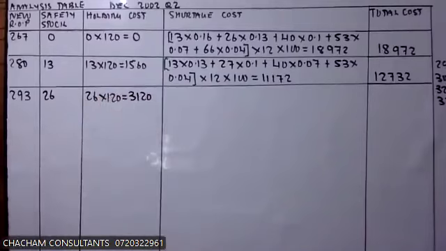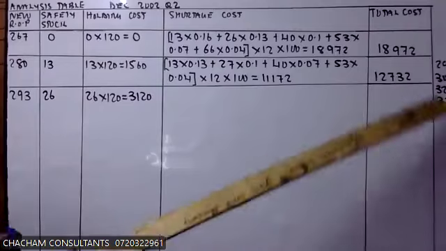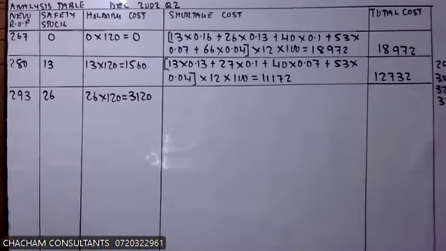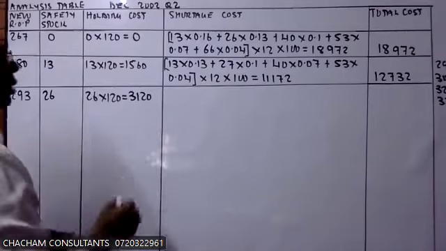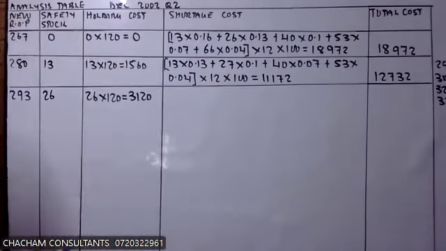Now, if you are holding 293, and demand now goes to 307, you will have a shortage of how many? 14.